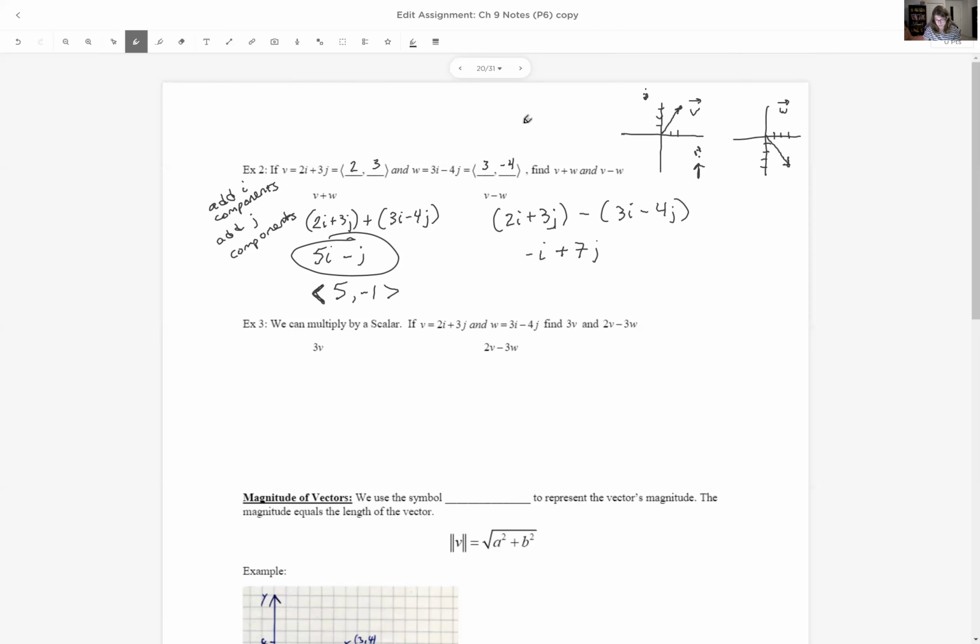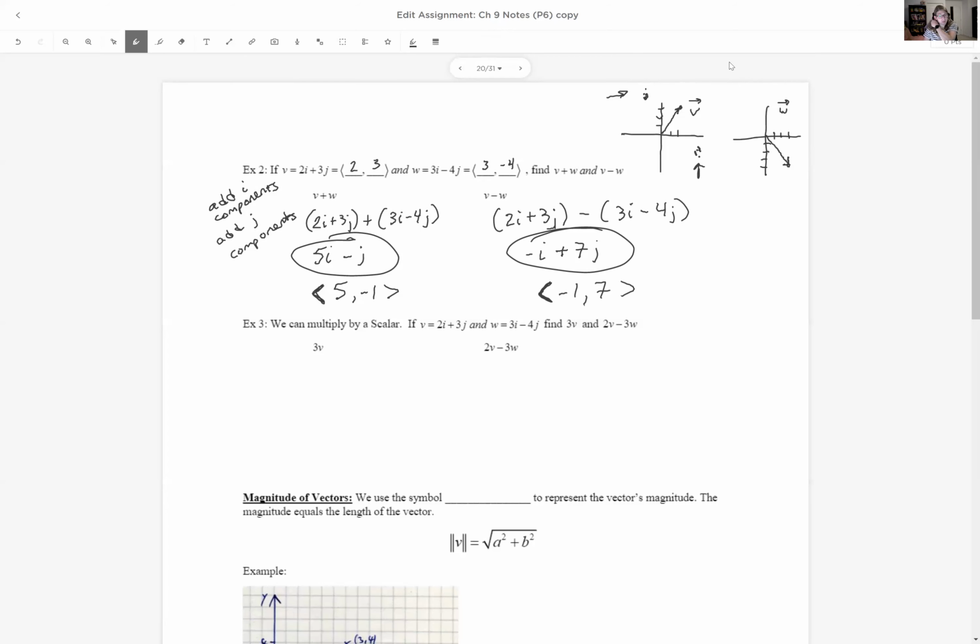What we're doing to get up here is going the opposite direction of w. So if you think about w flipping around, going the other way, that's where it's going to shoot us off to up there. So there's our vector v minus w, or we can write it in bracket notation as negative 1 comma 7. We can add and subtract vectors.